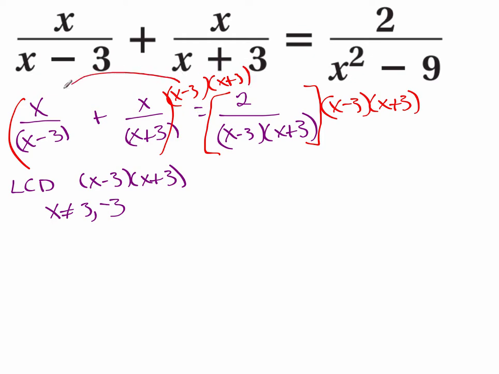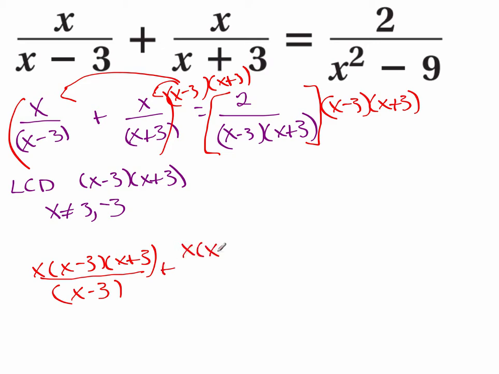All right, so watch what happens when I distribute this. It's going to be x times (x minus 3)(x plus 3), divided by (x minus 3). To this one, it becomes plus x times (x minus 3)(x plus 3), all over (x plus 3), and leave your parentheses in there.